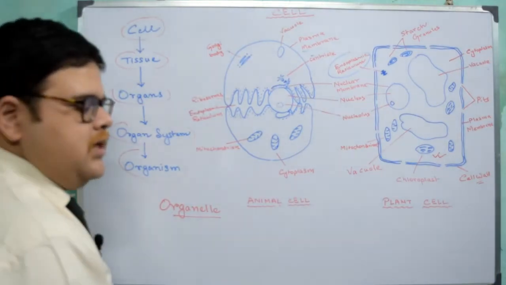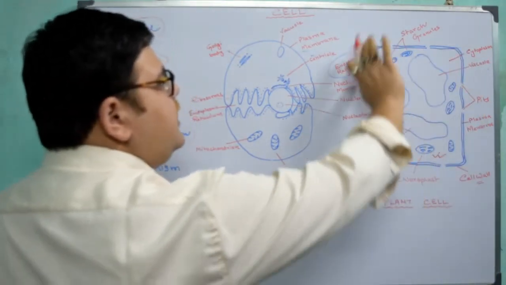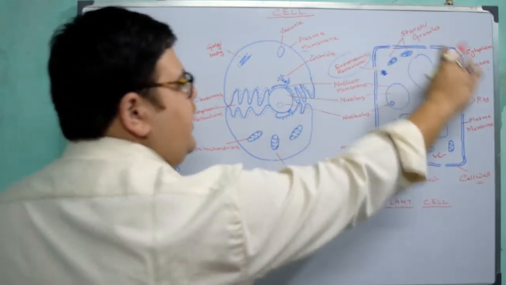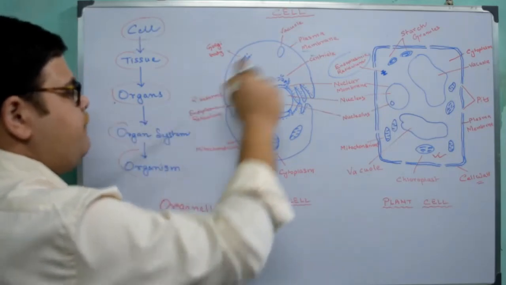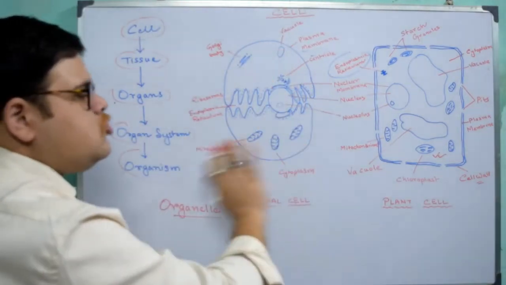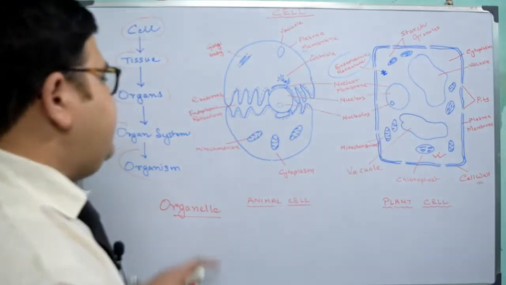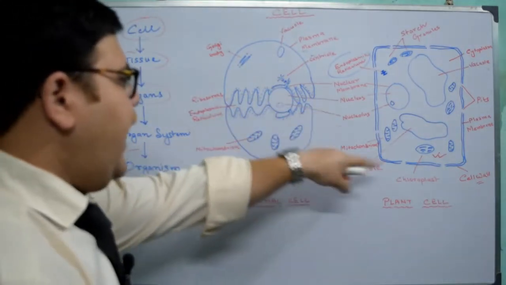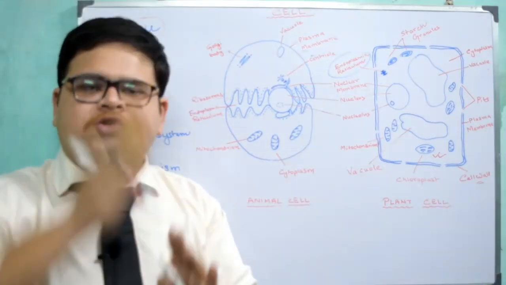Also the shape: this plant cell has a rigid rectangular shape that I have drawn, but in animal cell the rigidness of shape is not present. Plants have a unique rigid structure.